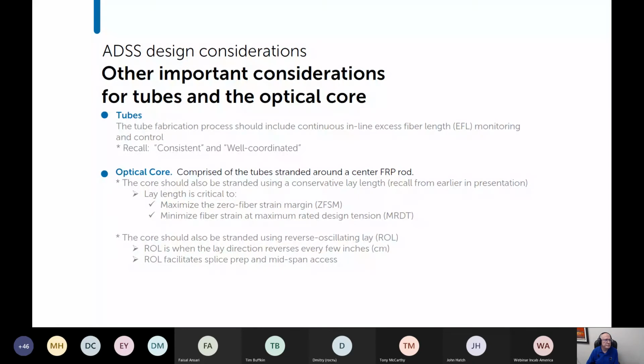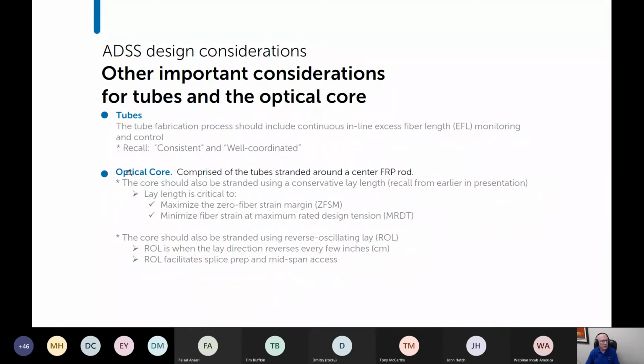Okay, other considerations, the tubes. When a cable supplier is making tubes, they should be using a process that has continuous inline EFL monitoring and control. And remember way back, we talked that today's manufacturing processes yield consistent and well-coordinated EFL. Any good cable supplier should be able to do this.